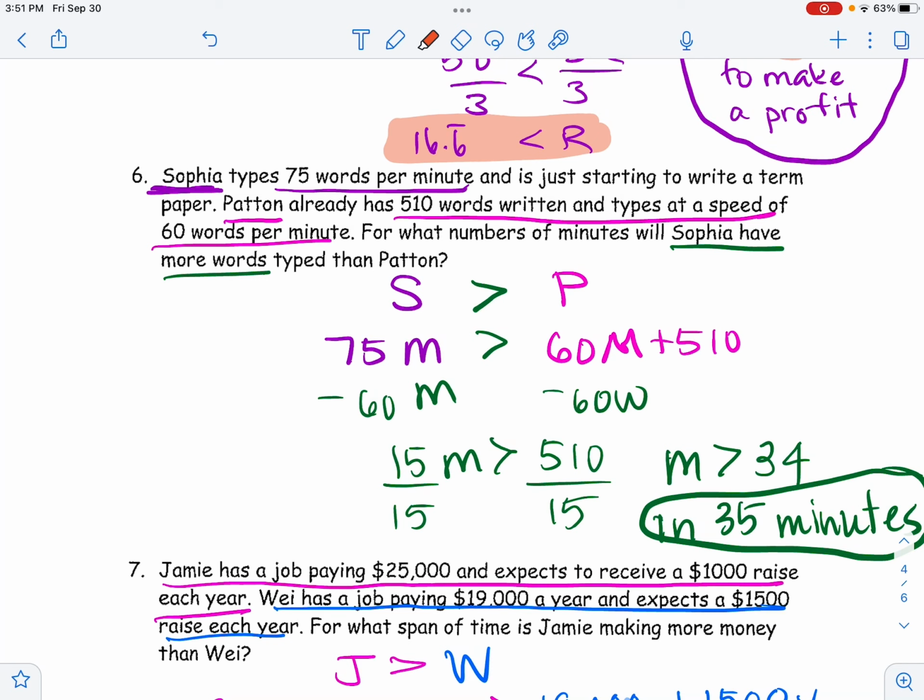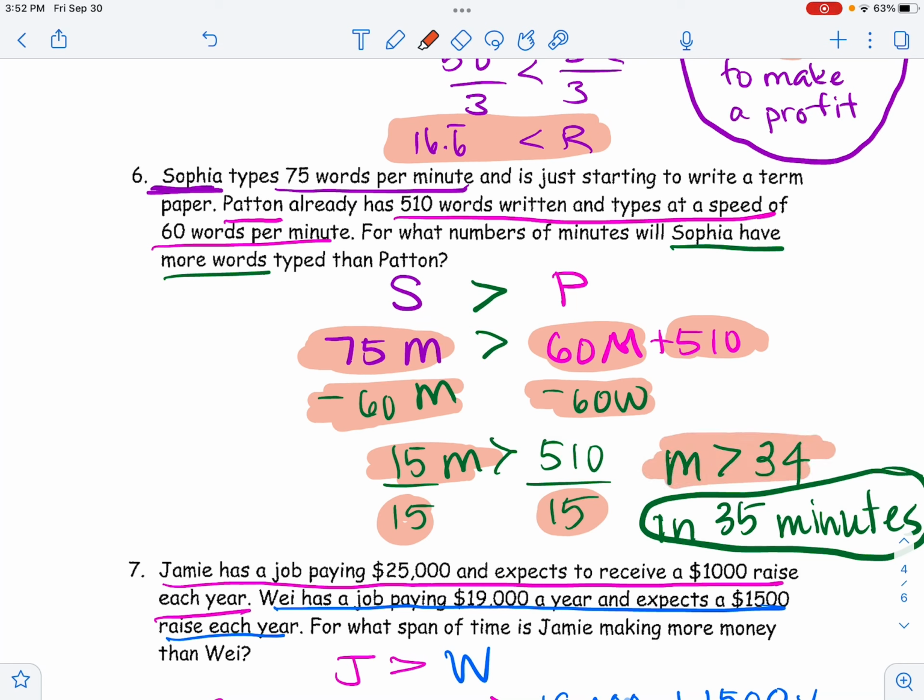So we go ahead and write our inequalities with Sophia being 75 words a minute and Patton being 60 plus 510. And we solve using our inverse operations, subtracting the 60 minutes, getting 15. And we solve by dividing off the 15, finding out that the minutes have to be more than 34. So obviously in 35 minutes, Sophia will have typed more.